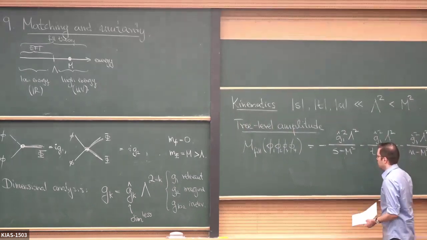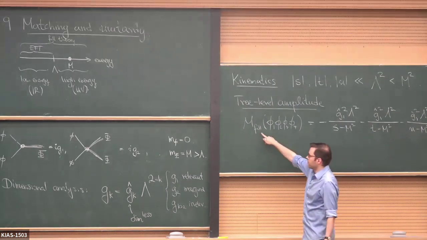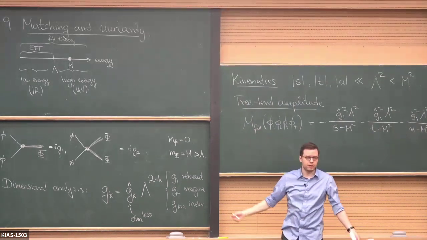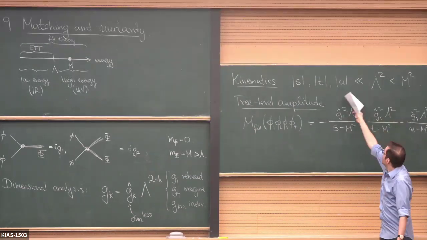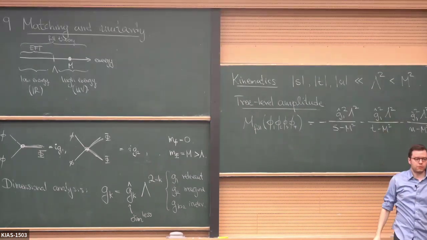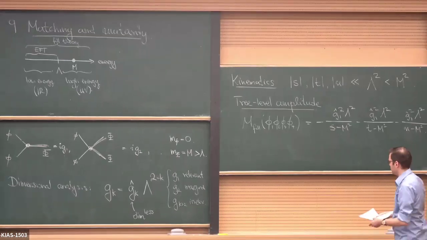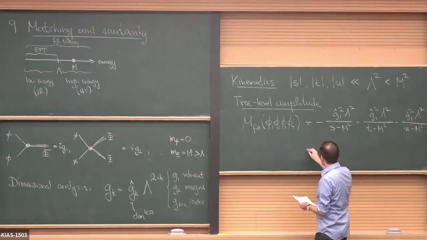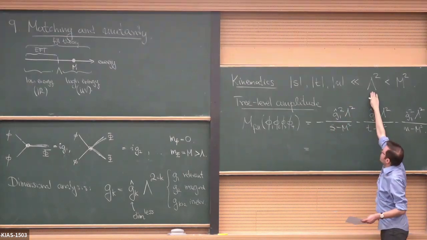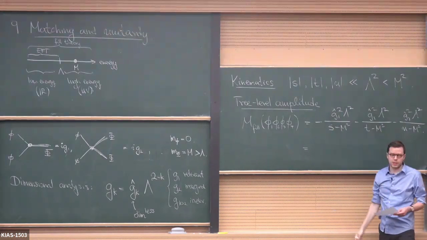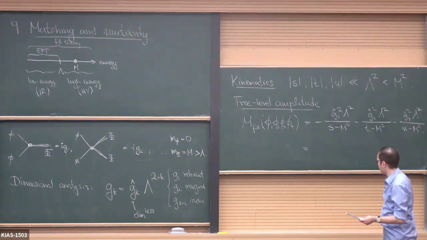And then next, if I really wanted to go from the full theory to the EFT, the only thing that I have to do is apply this kinematics, which means that I have to just Taylor expand the amplitude. So at tree level, that's super easy. I'm just going to expand it by pretending that this separation of scales is correct.